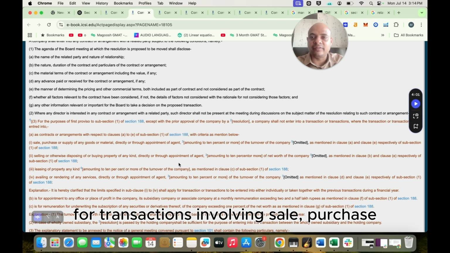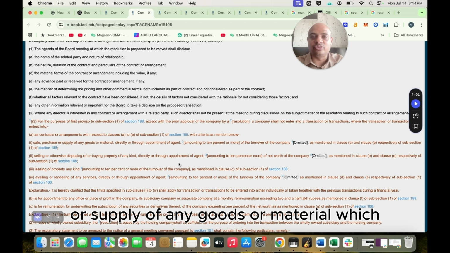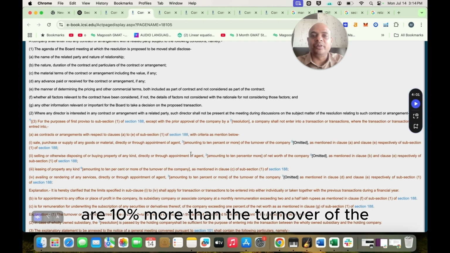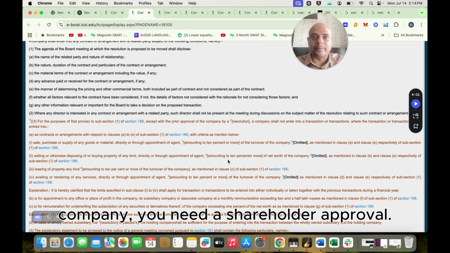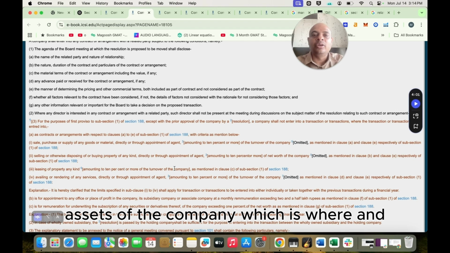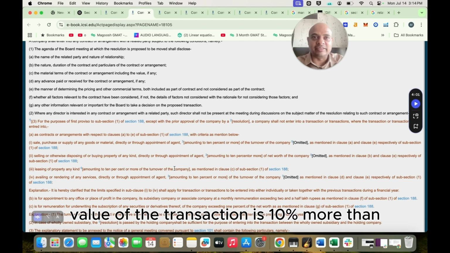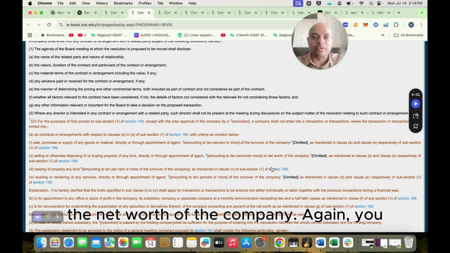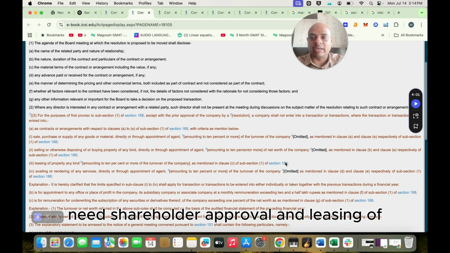It's saying that for transactions involving sale, purchase, or supply of any goods or material which are 10% more than the turnover of the company, you need a shareholder approval. Similarly, selling or disposing any assets of the company where the value of the transaction is 10% more than the net worth of the company, again you need shareholder approval.